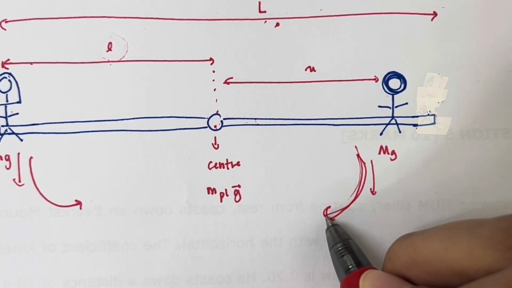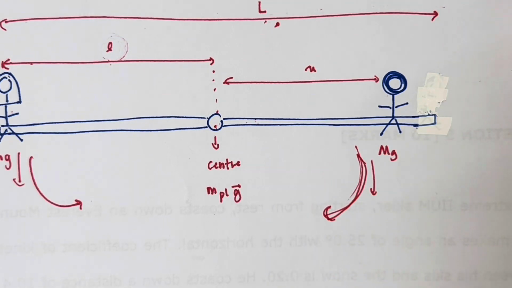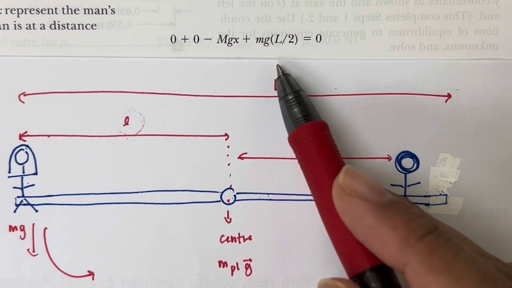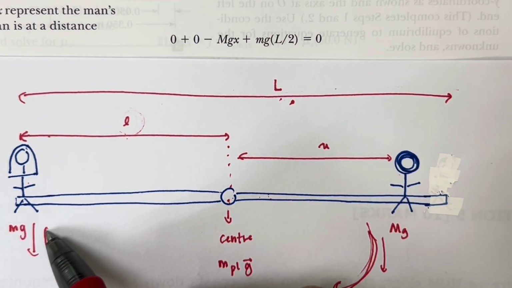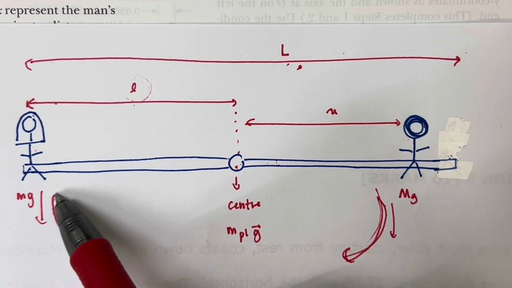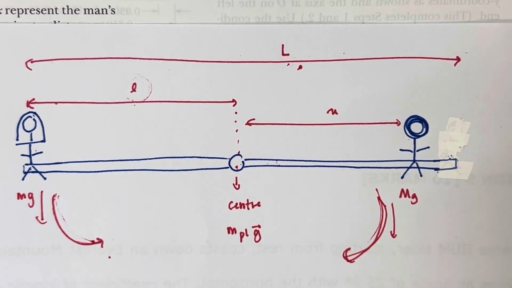So when it is like this, it is clockwise. As I mentioned before, clockwise will give negative torque. And for the woman here, we have positive torque because the rotation is counterclockwise.